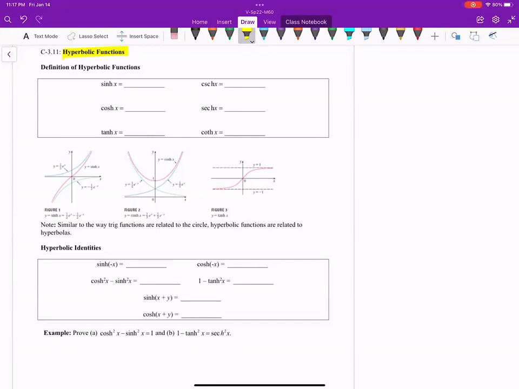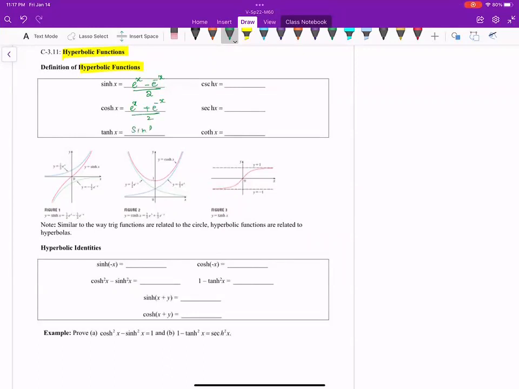Cosh x is read as cosine hyperbolic x. The sinh x is defined to be e to the x minus e to the negative x over 2. Cosine hyperbolic is e to the x plus e to the negative x over 2.